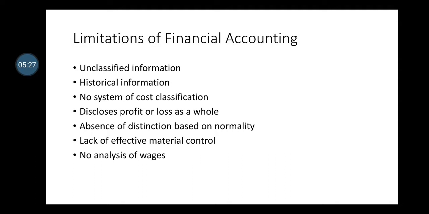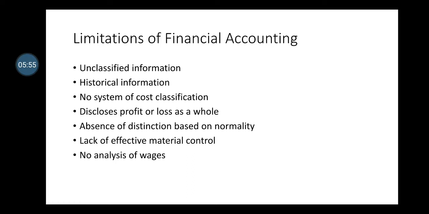The next point is, there is no system of cost classification. In financial accounting, we do not classify the cost into direct or indirect cost, or fixed or variable cost. We simply record the cost in our ledger accounts, which we transfer to the trading and profit and loss account. The financial accounting discloses the profit or loss as a whole.